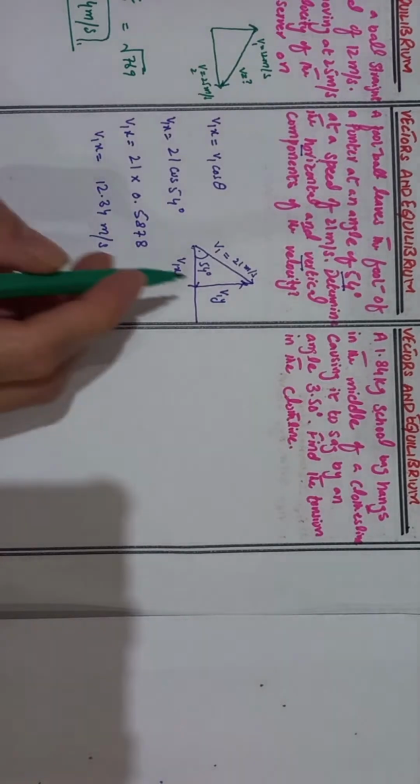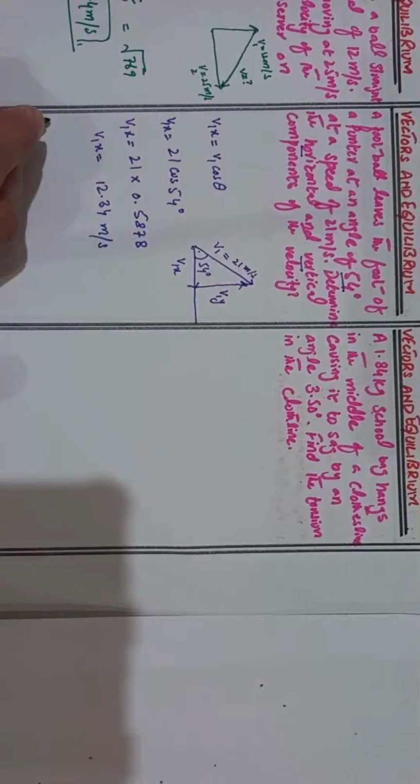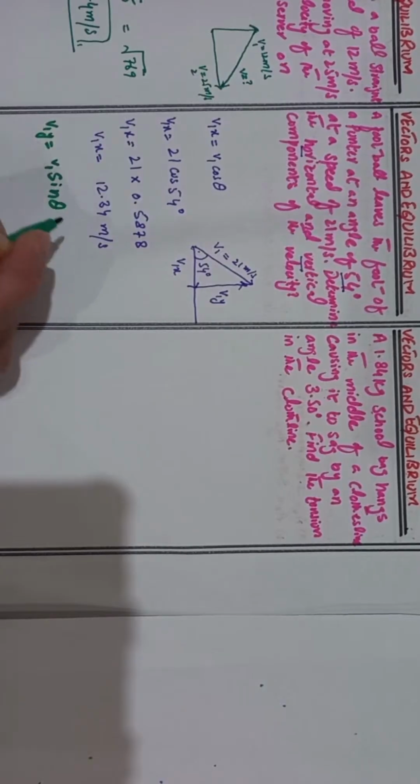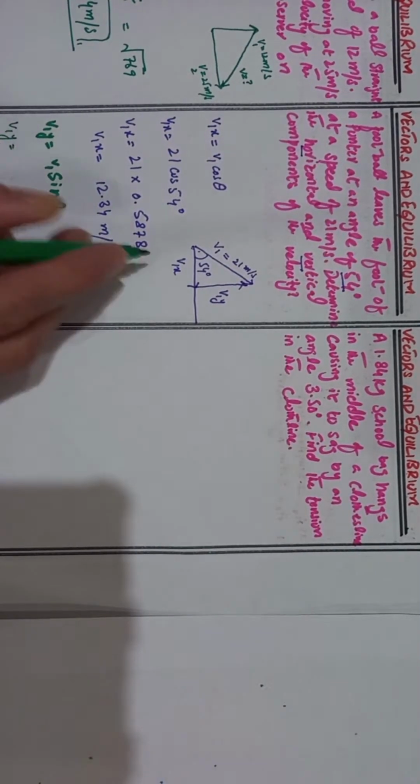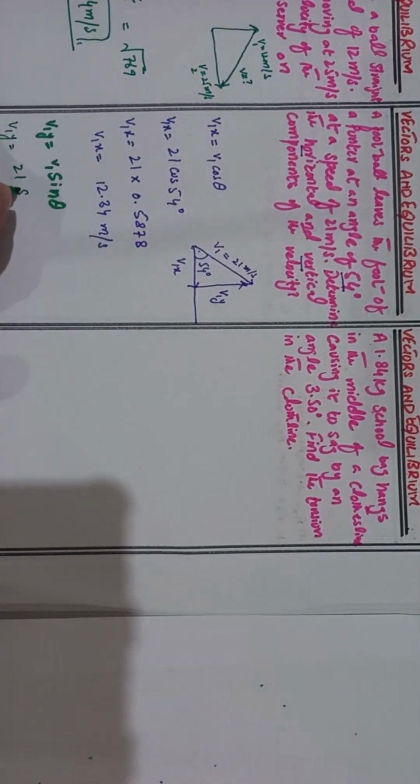Now we find the vertical component of the velocity. The vertical component of the velocity v1y is equal to v1 sin theta. So here we put the value v1 equal to 21, sin theta equal to 54 degrees. So v1y is equal to 21 multiplied by sin 54.